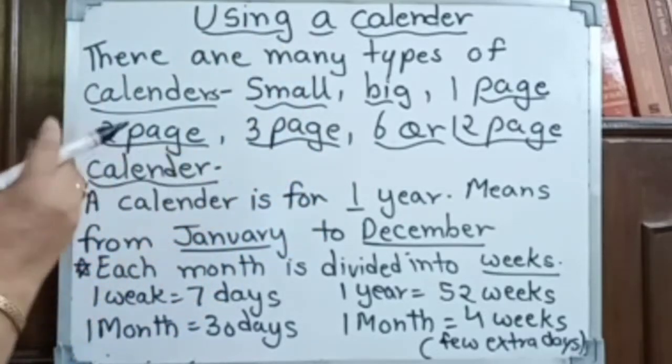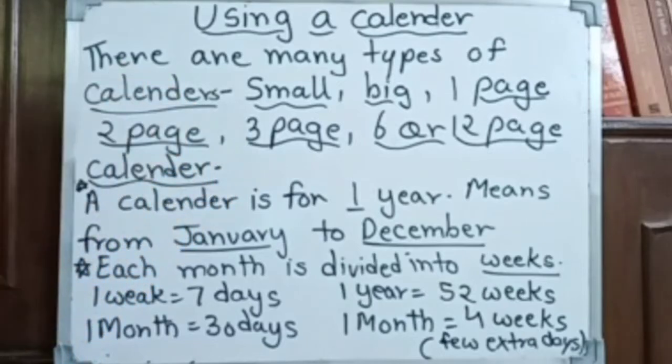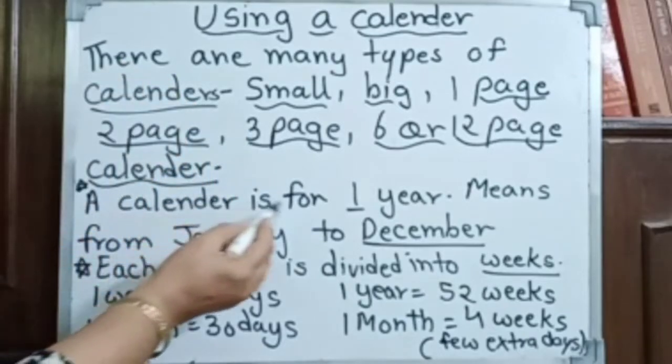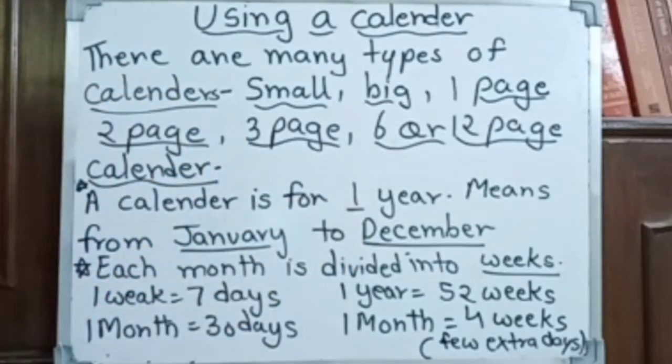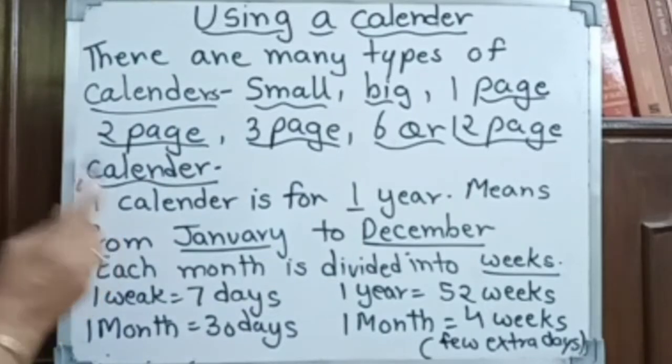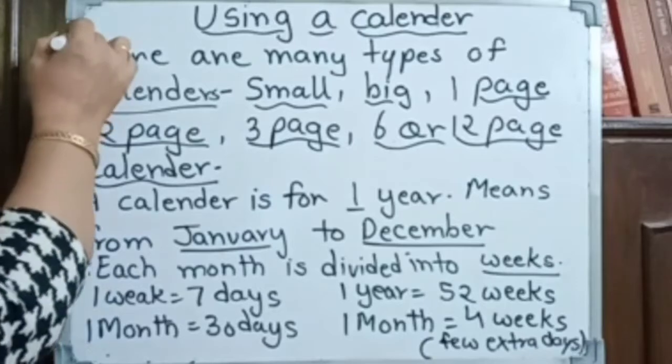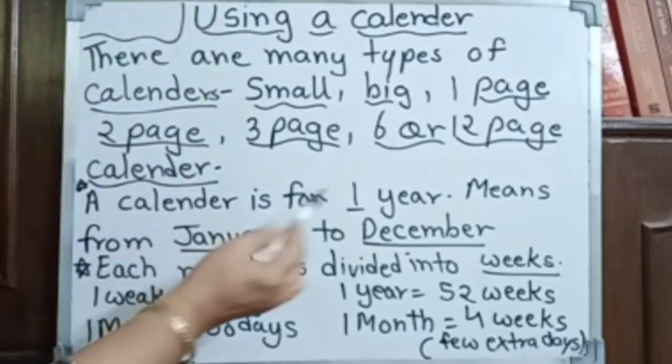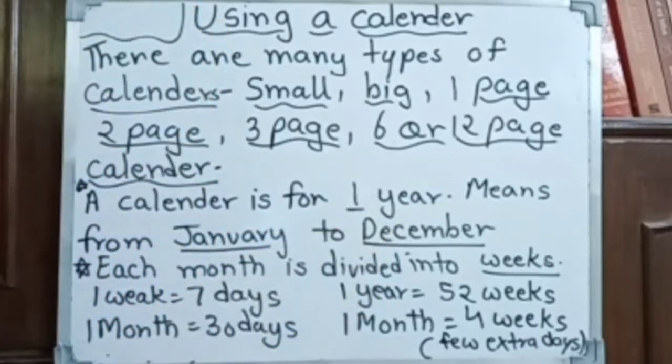And in your mobile, it is a very small calendar. A calendar is of 1 year, from January to December.